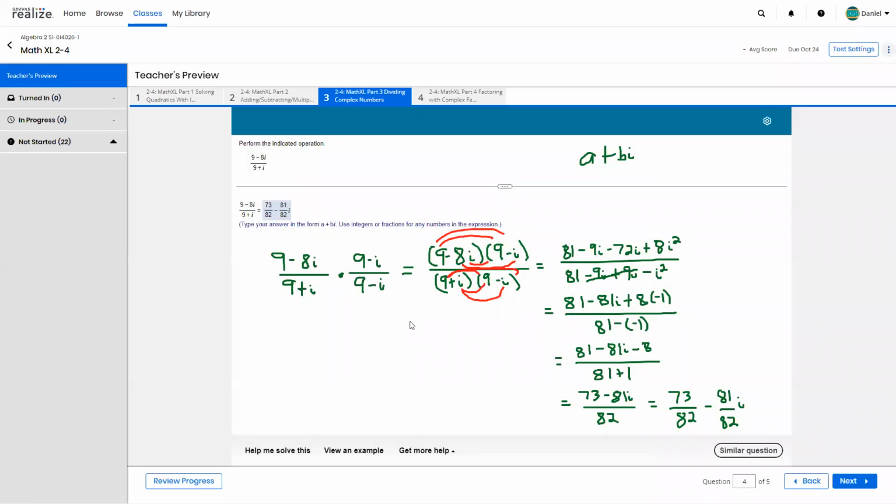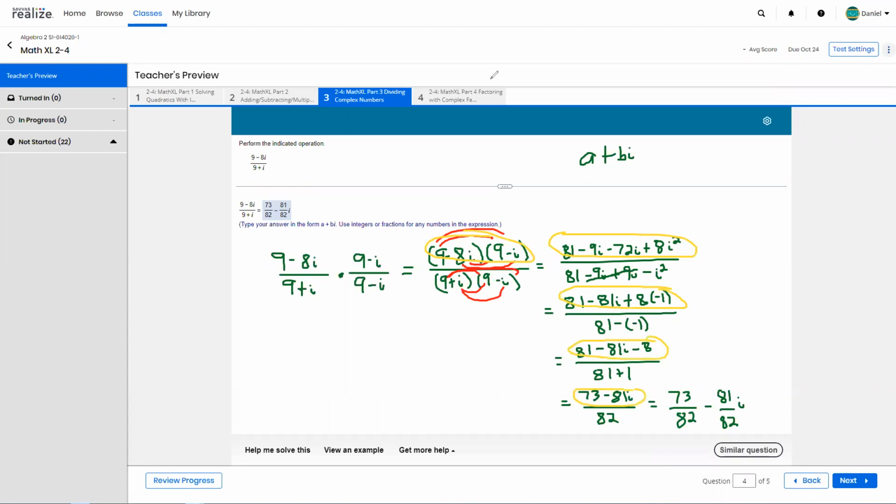So basically you're just multiplying by the conjugate of the denominator in both the numerator and denominator. And then you have just two separate multiplication problems. You have the multiplication problem on top, right here, so you're just doing all of this in yellow.